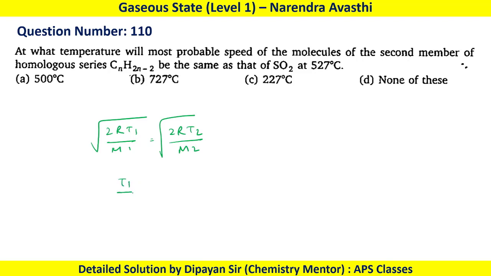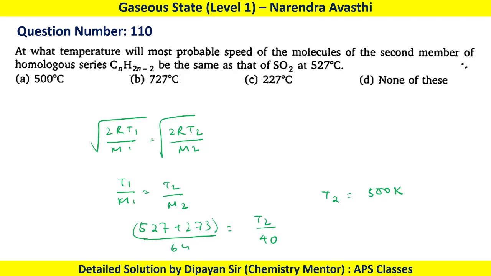So T1 by M1 will become T2 by M2. So T1 is 527 plus 273 divided by 64 equals T2 by 40. So T2 will become 500 K, which is 227 degrees centigrade. Okay, so option C will be the correct option.